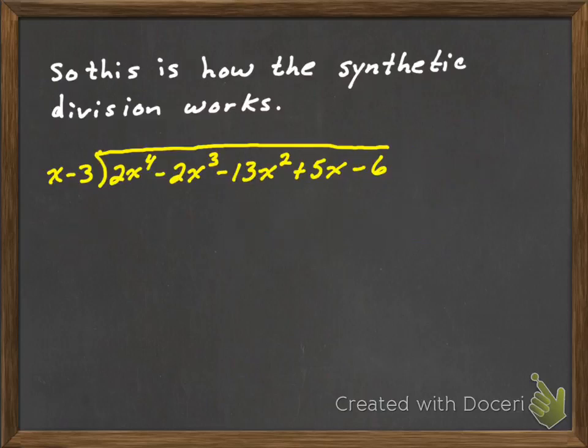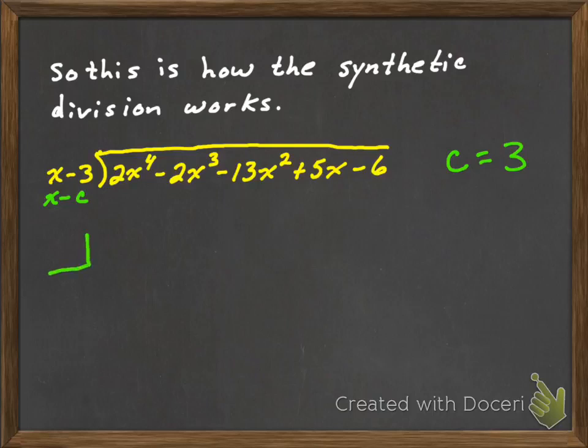All right, so now that we've talked about when we can and when we cannot use synthetic division and what our c value is, let's talk about how synthetic division works. In this particular problem, your c value is going to be the 3, because it is in the form x minus c. So the c value is 3. Now this is the way we're going to do the synthetic division.